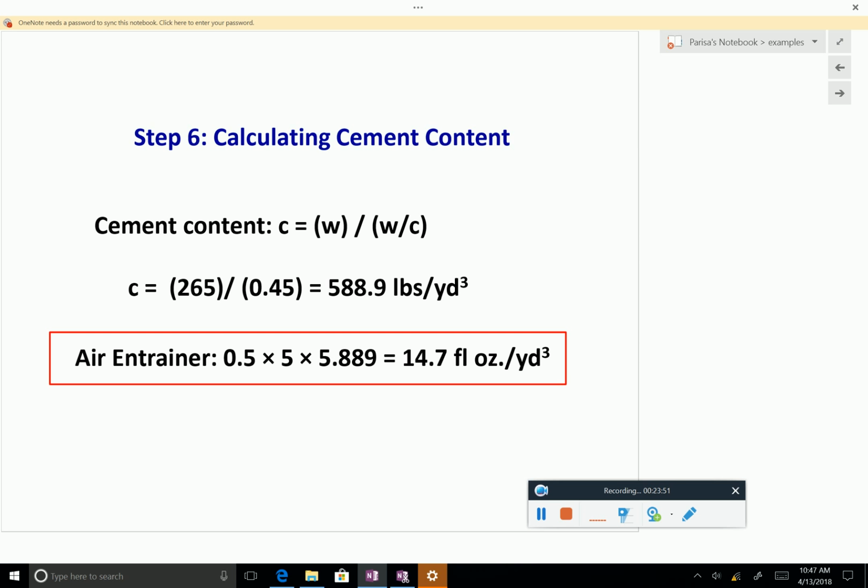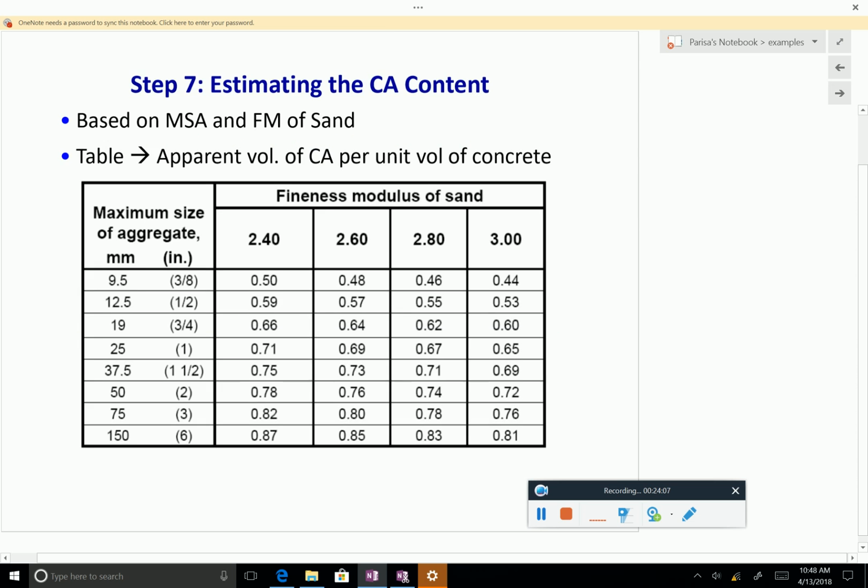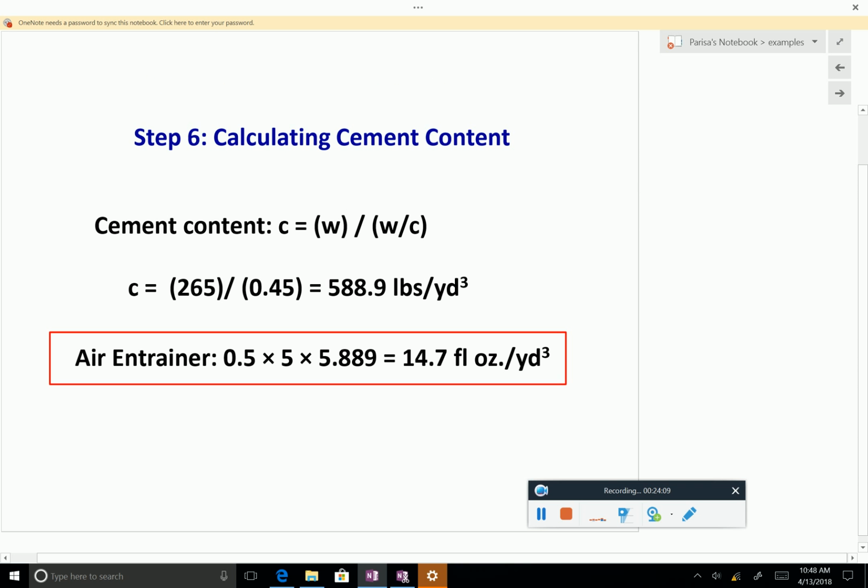So we have 5% air and 588.9 pound cement, and that's why you calculate how much air entrainer you should add to your mix. This is very practical. This is really what we do when we design concrete.